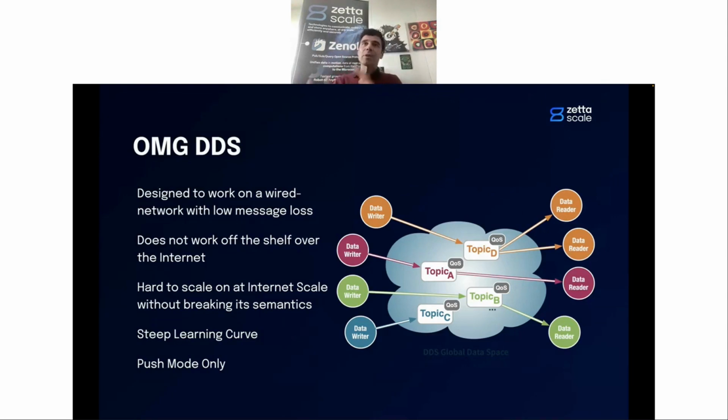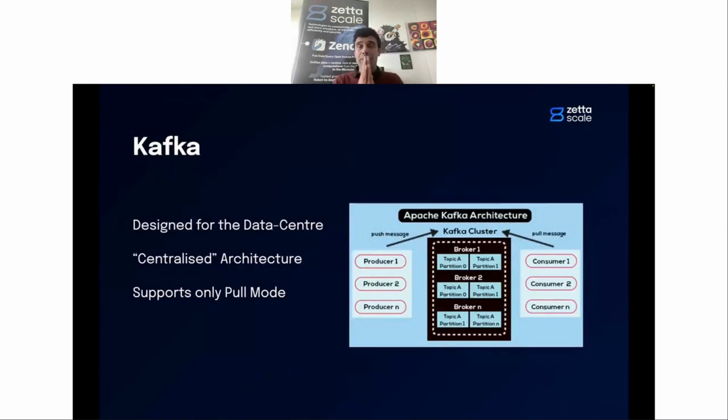Let's take another example that was, and still is, very popular in the IT and cloud world, which is Kafka. Great technology, but this is really designed for the data center. It's pretty heavyweight. You have to deploy a set of brokers somewhere in a data center, and this is what is then used by producers and consumers to store and eventually pull data out of Kafka logs.